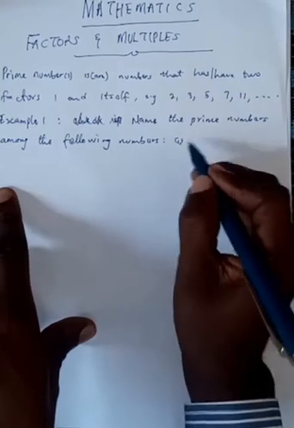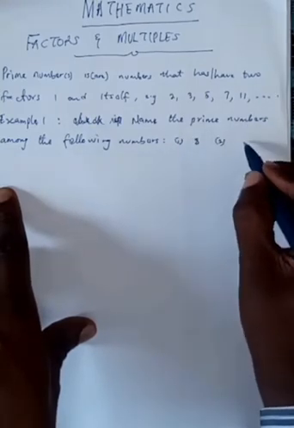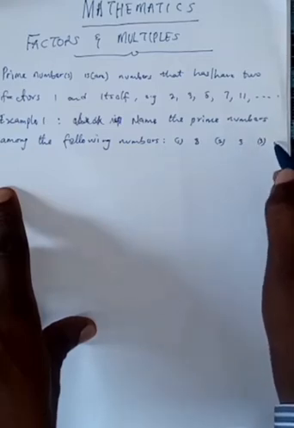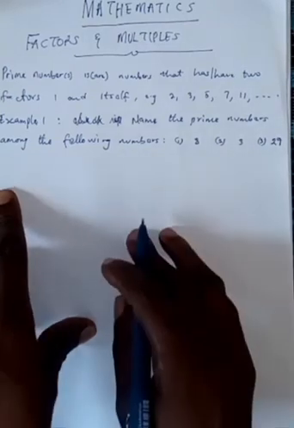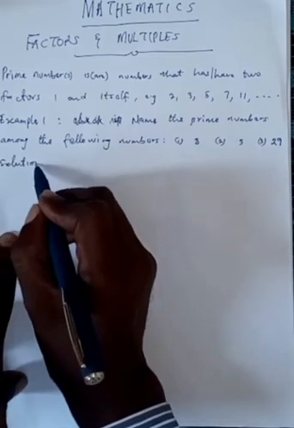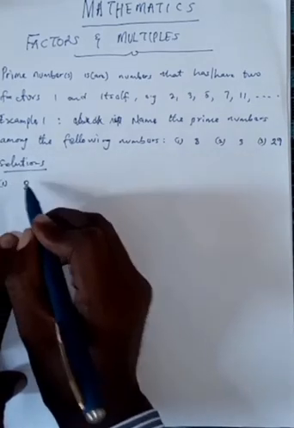I have 8, I have 3, and I have 29. Now the solution: the first number I have here is 8.